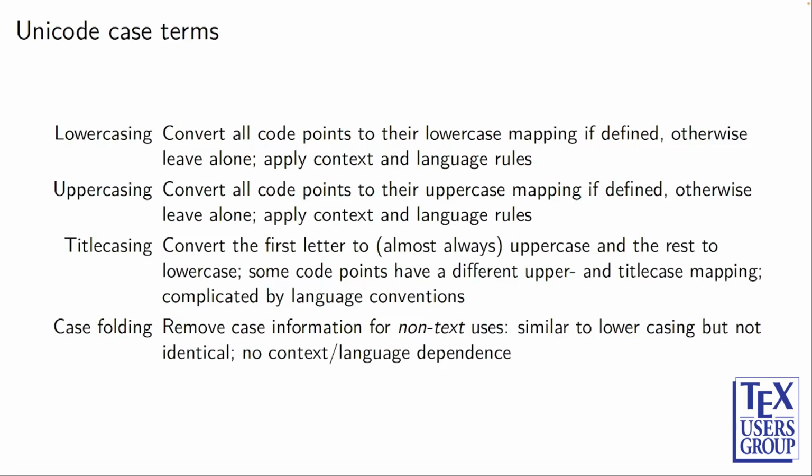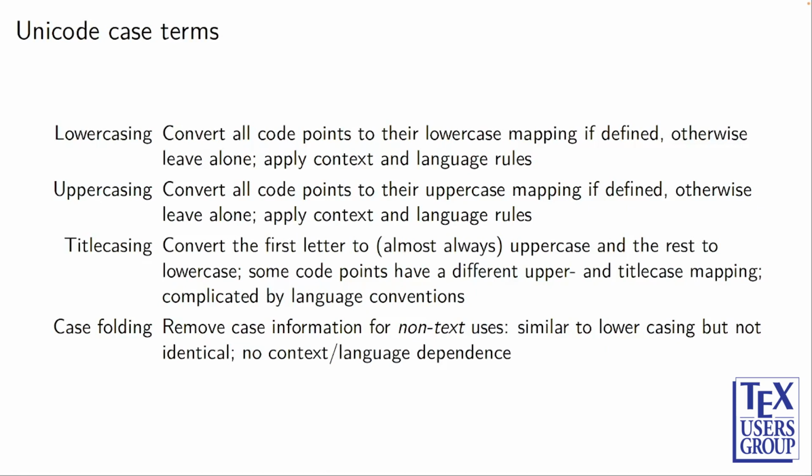as I've said. Title casing is the term that Unicode used to mean where you take the first letter of some input and you make it uppercase, and the rest you make lowercase. Now, I've put in brackets on the slide almost always uppercase, because there's a few provisos to that. If we think about a situation where we have something which looks like 2 letters at the start of a word, but it's 1 code point, we might have a special character to be used when we're title casing.